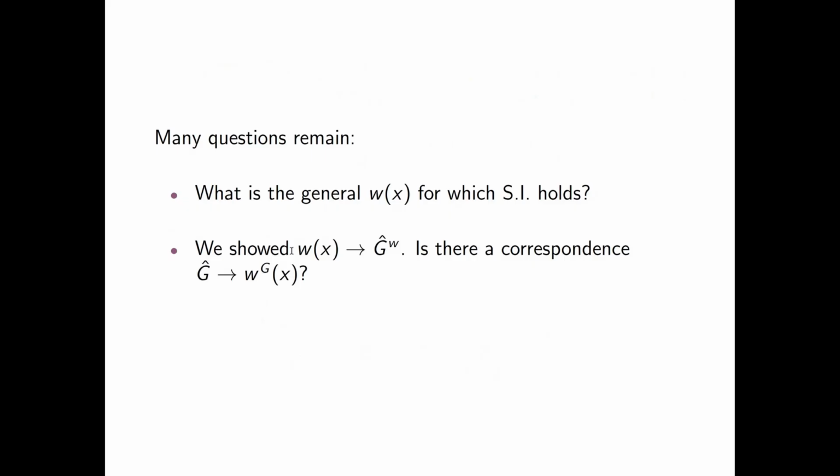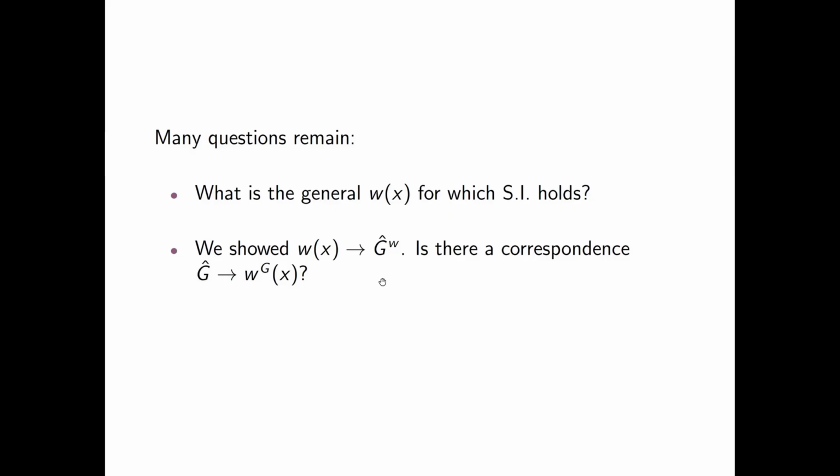Specifically, in general, the question is: does superintegrability hold for any other potentials, specifically potentials with more matter multiplets? An even more general question is this: we showed how to go from the potential to this Gaussian transformation operator. But this Gaussian transformation operator is some object in the algebra.